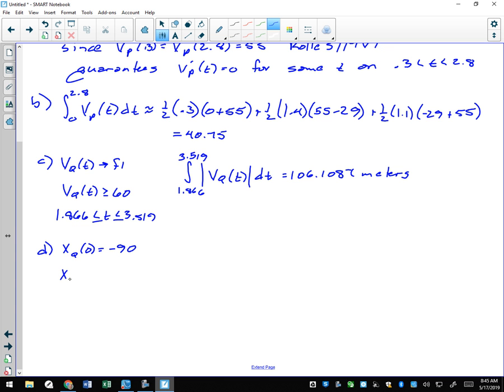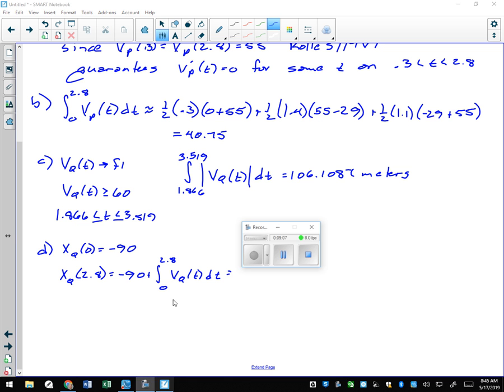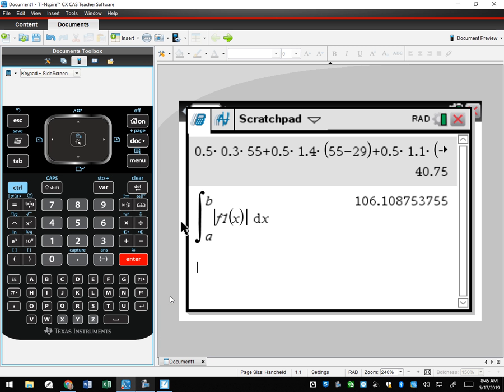My position of Q at 2.8 is going to be its initial position plus the area from 0 to 2.8 of the velocity of Q, which I have stored in my calculator as f1.